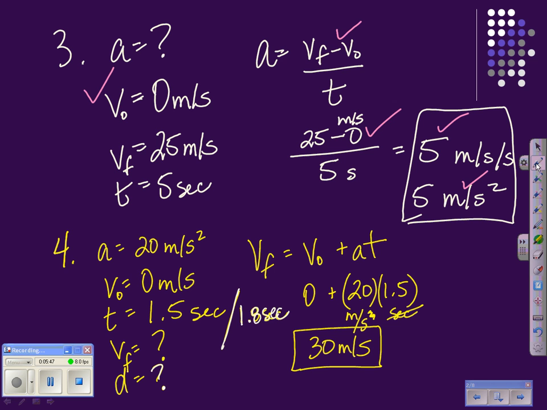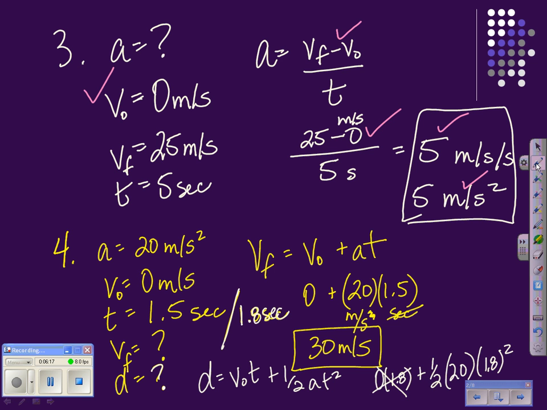All right. Well, with distance, I have the formula V0t plus 1 half a t squared. If that's the case, I have an acceleration, I have an original velocity, and I have a time, and so I can solve. I can say 0 times 1.8, which is 0, plus 1 half times my 20 times 1.8 squared.